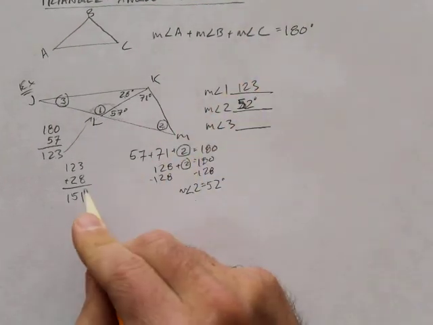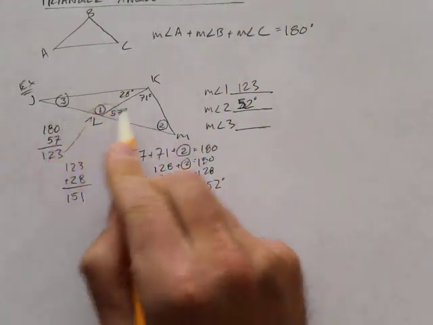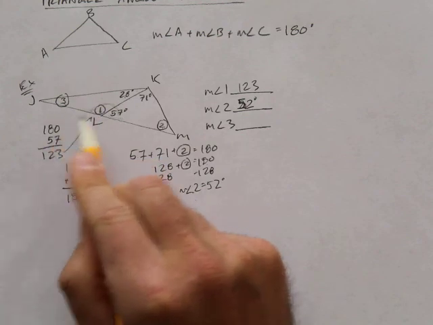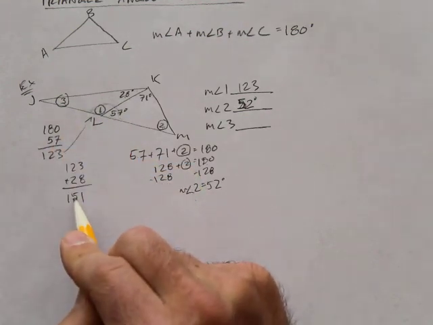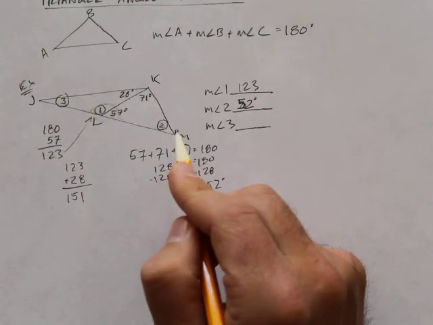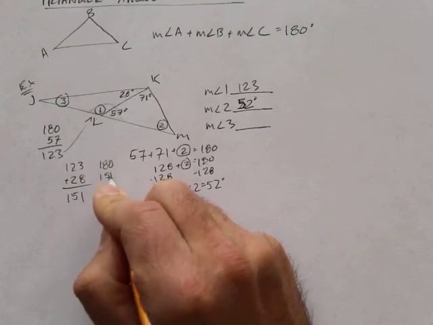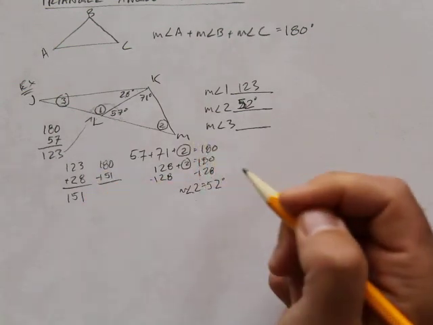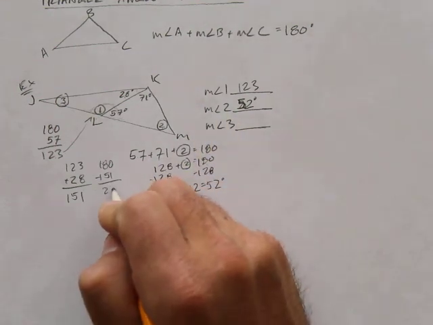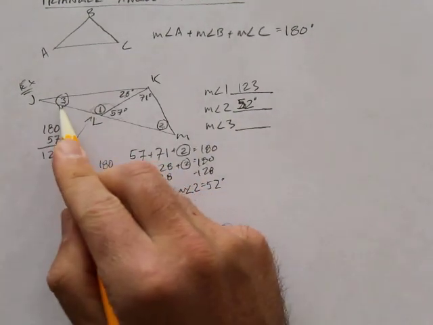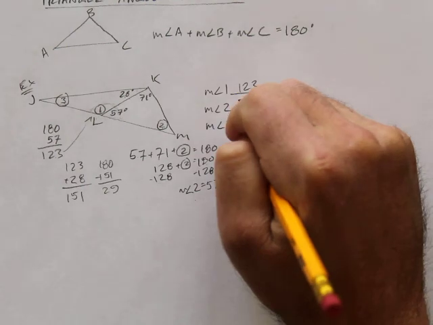So now I'm just going to subtract, the total is 180 degrees. I'm going to subtract 151 from 180 to find 3. So 180 minus 151 gets me 29. So that would be measure of angle 3, 29 degrees.